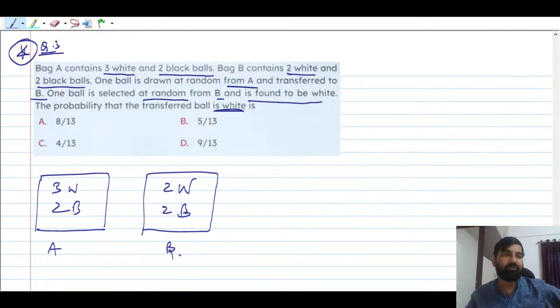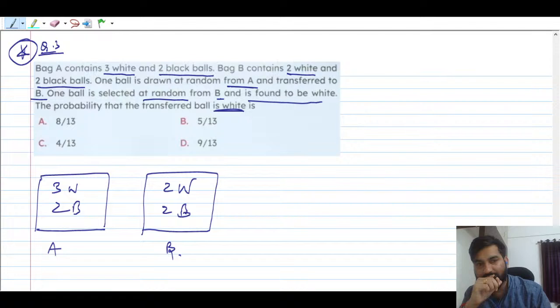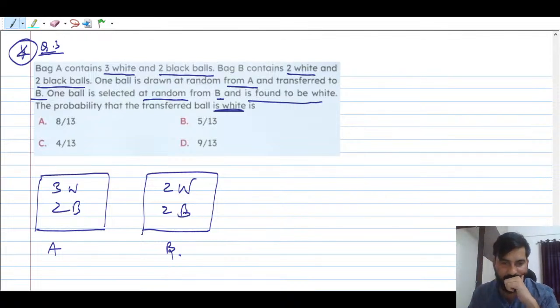So can somebody tell me whether it is the application of the total probability theorem or Bayes theorem? Please recognize that, because I'm going to solve this question in 1 second. If you're going to pick up the ball, it can be either white or black.